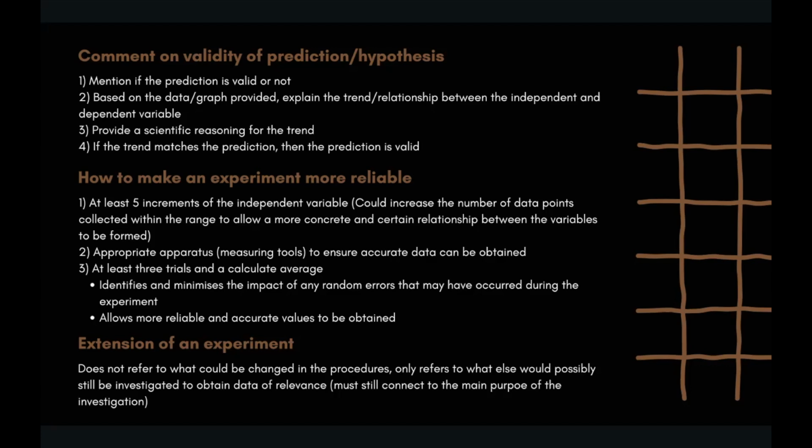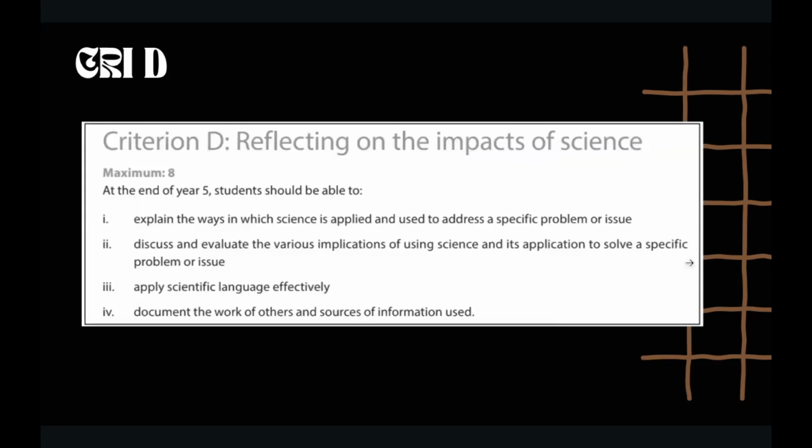But they're asking what could possibly be investigated beyond this to obtain data that is relevant to the problem or real life situation behind the investigation. Because e-assessment always provides a real life situation before they give you the investigation. And then that's it for Criterion BC.